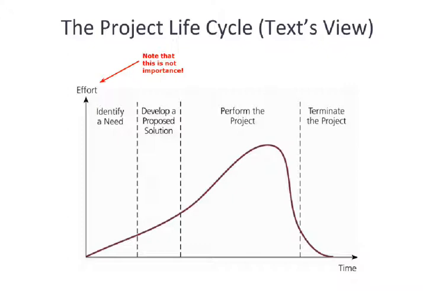Many of them will show some recursion, the fact that as you go through the project, you may have to circle back and rethink your developed solution, maybe even reassess the needs, and that it's not quite this clean. And I agree with those diagrams. This diagram is a bit simplistic. However, it does do a great job to give us an overall map. So we're still going to use it. Just be aware of the fact that it doesn't always go quite this smoothly.